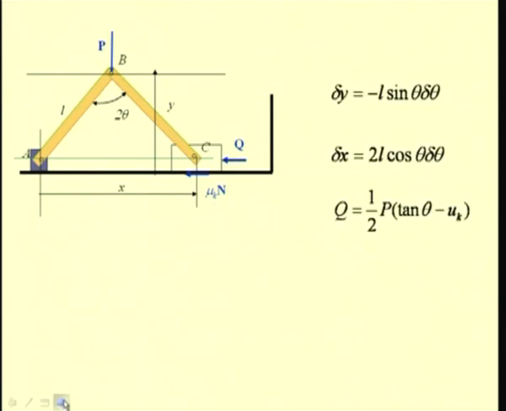Now let us try to write the efficiency. These are the values of delta y, delta x and Q that we have just found out.